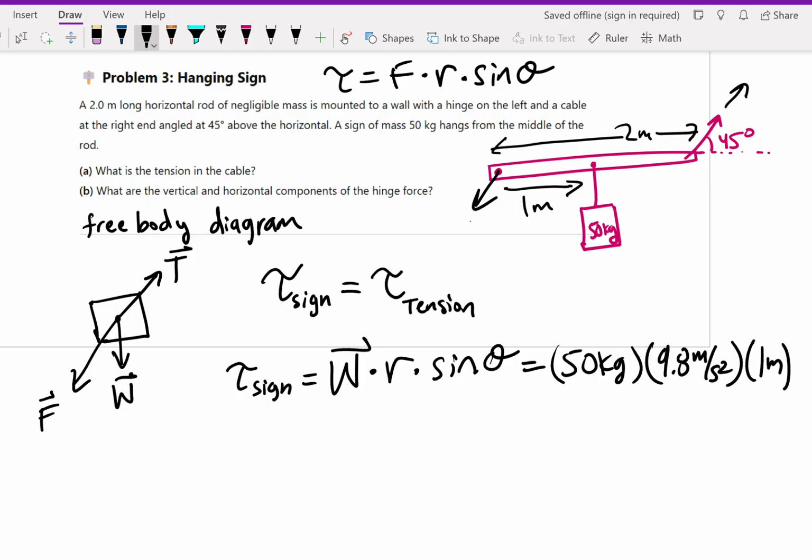and sine of theta in this case is not 45. The angle that the weight is making with the rod is 90 degrees. So that's what we're going to use. We're going to use sine of 90 degrees. And as you know, sine of 90 degrees is just 1. So times 1.